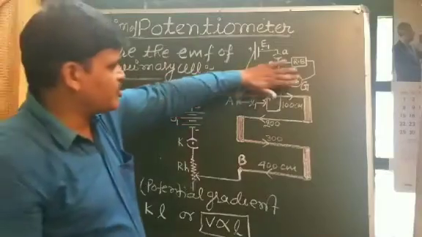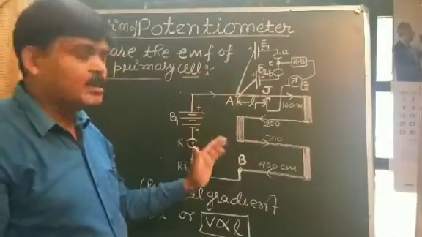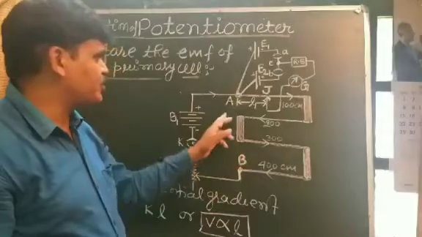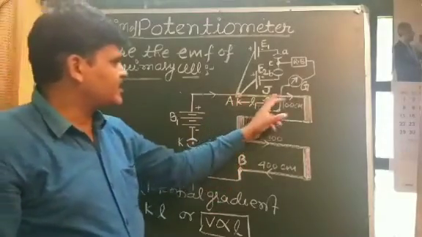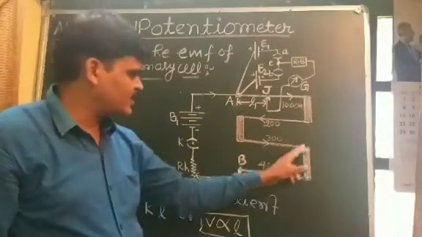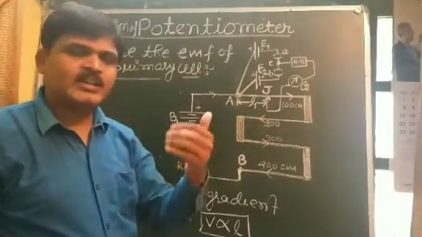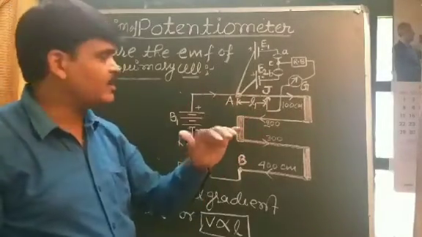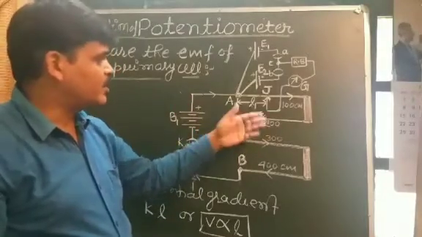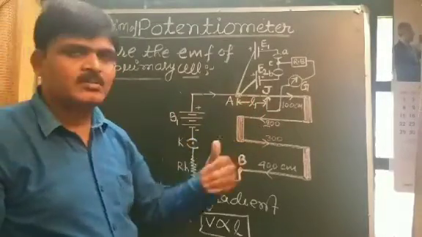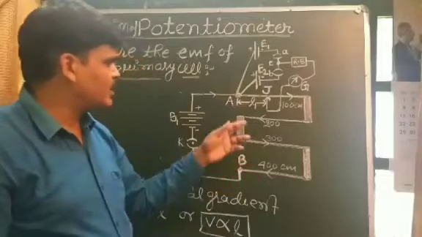So students, you already know the actual circuit of the potentiometer. This is the potentiometer wire. Here we are using a 400 meter wire, but we can take 10 meter, which means the range of the potentiometer wire varies from 4 meter to 10 meter.